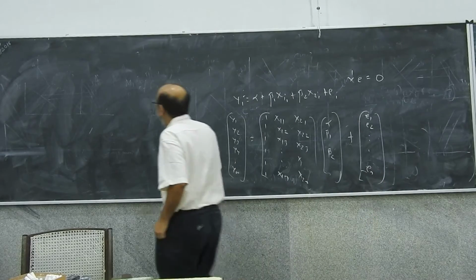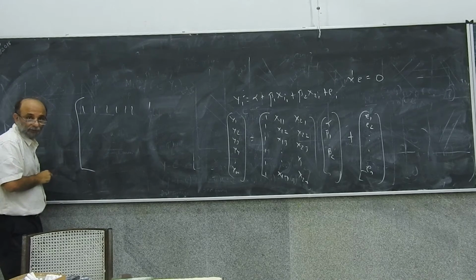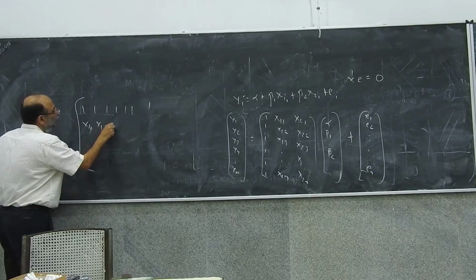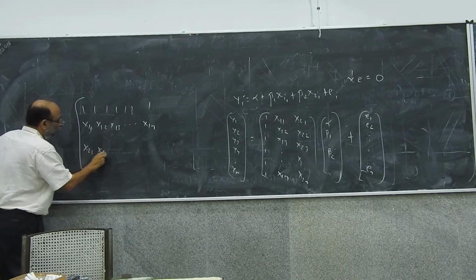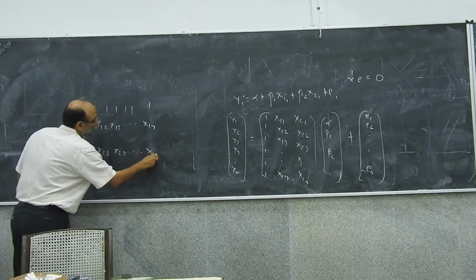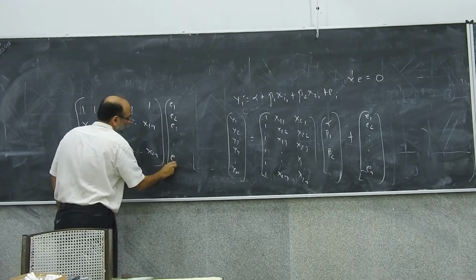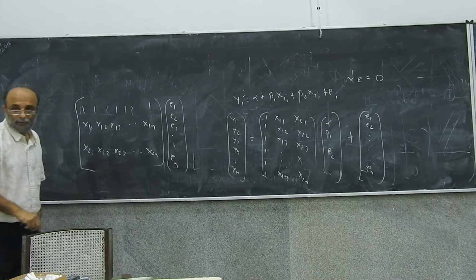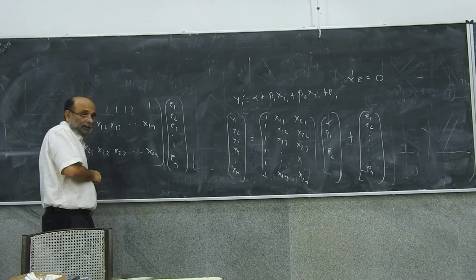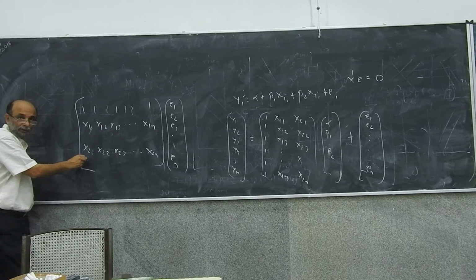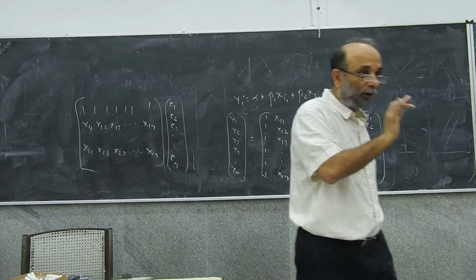So x dash will be 1, 1, 1, 1, 1, n times, then x11, x12, x13, up to x1n, then x21, x22, and so on. So if x dash is 3 cross n and e is n cross 1, then x dash e will be 3 cross 1.